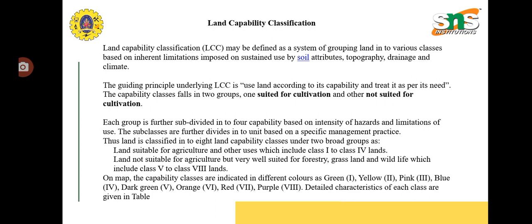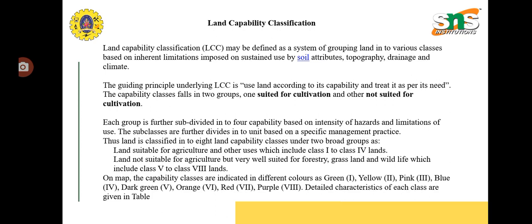Some of the important factors considered while classifying the land are soil that is well managed and cropped under a mechanized system, land requiring improvements, including clearing, that can be done by the farmer with his own means, and land requiring improvement beyond the means of the farmer.